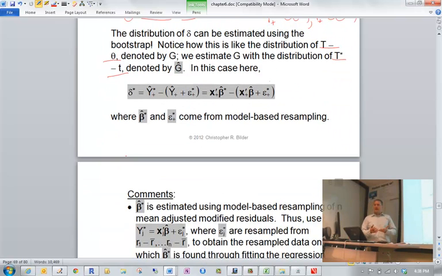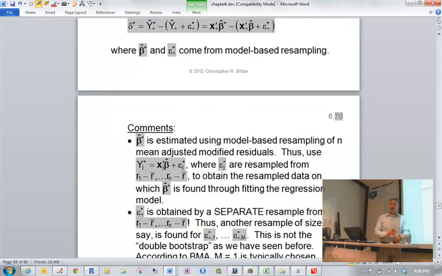Now, where do beta hat star and epsilon star come from? That's where you take your resamples and use those resamples to help calculate them. In particular, beta hat star is calculated as you would expect. Let's use model-based resampling here, and you'll see why it's better than case-based resampling.